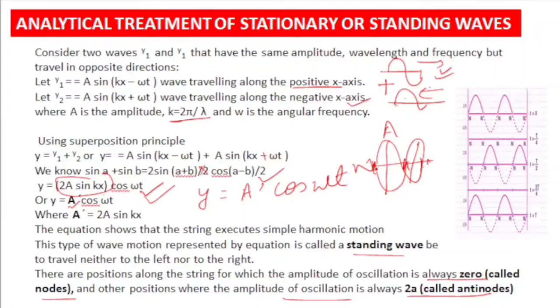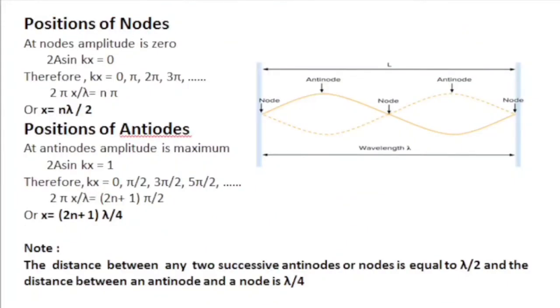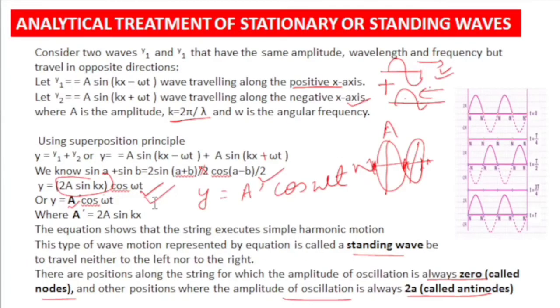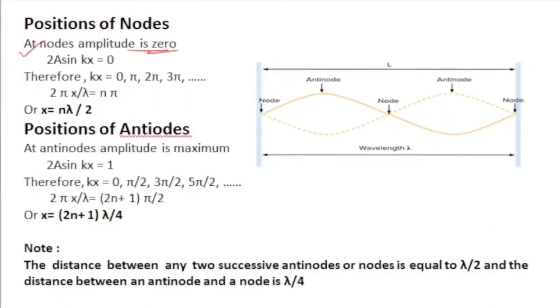Now where a node or antinode is formed, you can find the position of a node in this way, right? At nodes, the amplitude is 0. So what is the formula of amplitude in this equation? 2A sine kx is the amplitude. So you put 2A sine kx equal to 0 in this equation. After calculating, you know kx is 0, pi, 2 pi, and k is 2 pi by lambda.